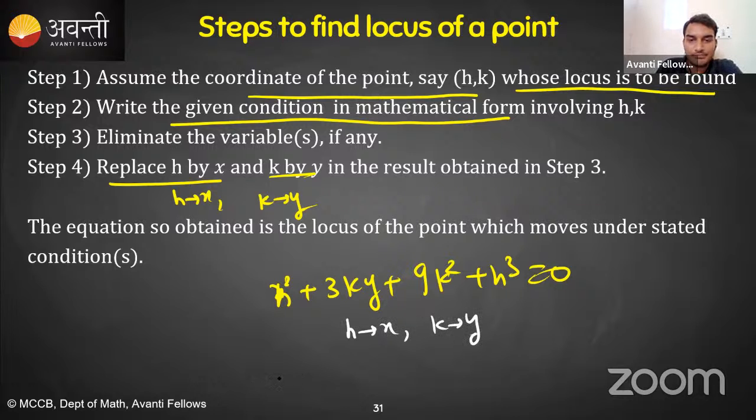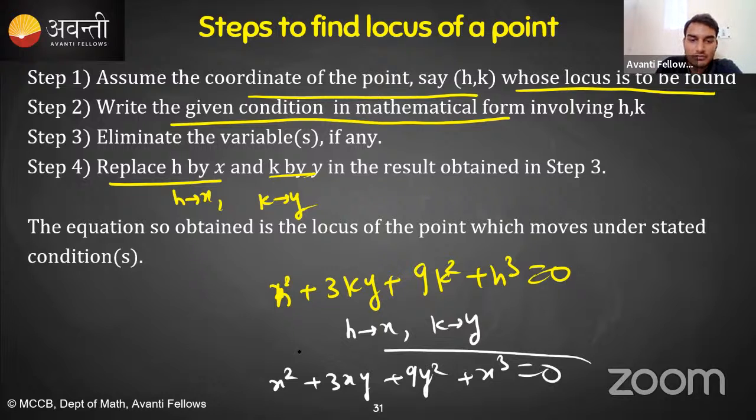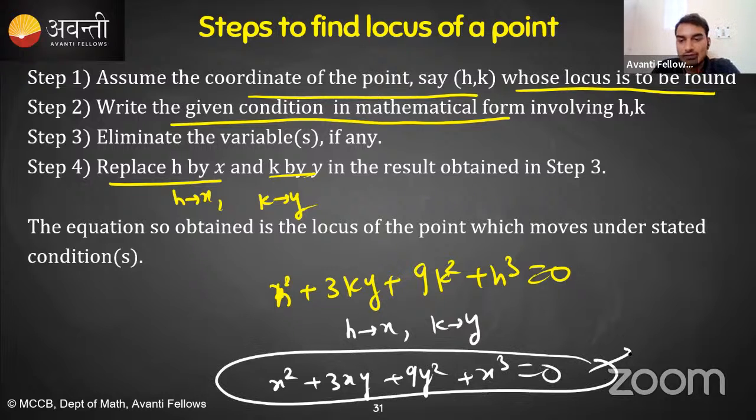So क्या आ जाएगा, x square plus 3xy plus 9y square plus x cube is equal to 0. Then you will say that my given locus is this. So this is the locus. Is this clear? The steps are clear? How to find the locus? The steps are clear or not?